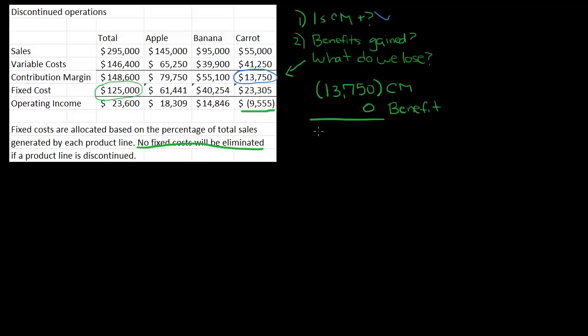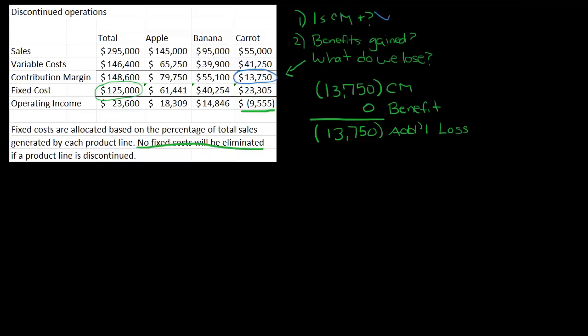Okay, 0 benefit. So what's going to happen? If we get rid of this, we're going to lose an additional $13,750. Well, that's not very good.